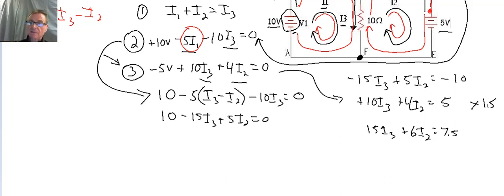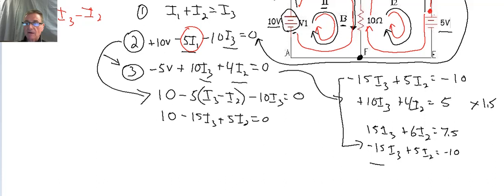Then I'm going to move this equation down here, and I've got negative 15 I3 plus 5 I2 equals minus 10.